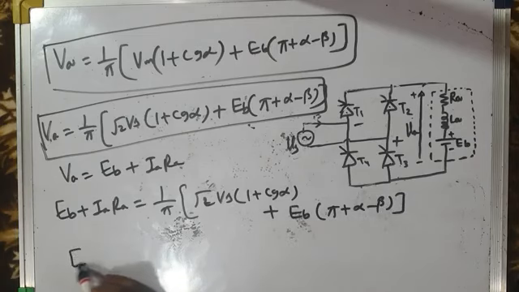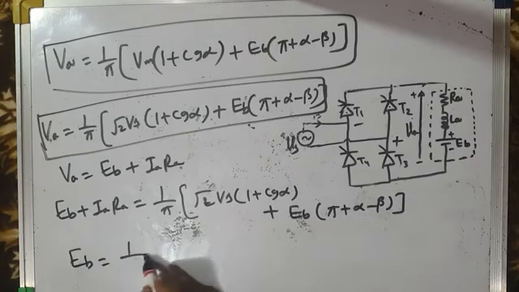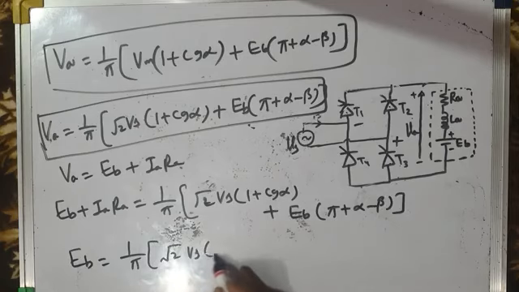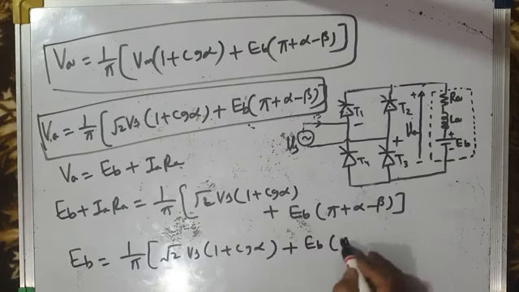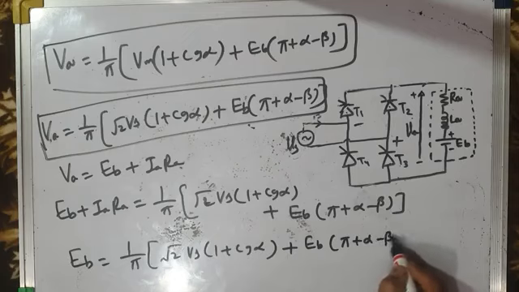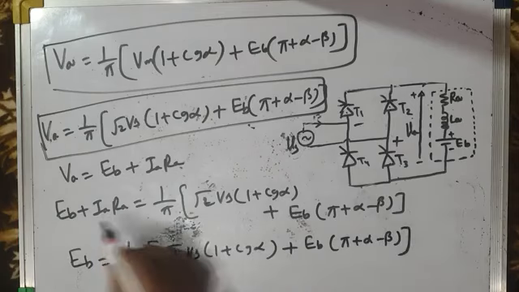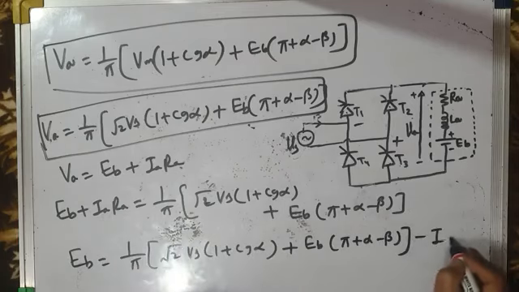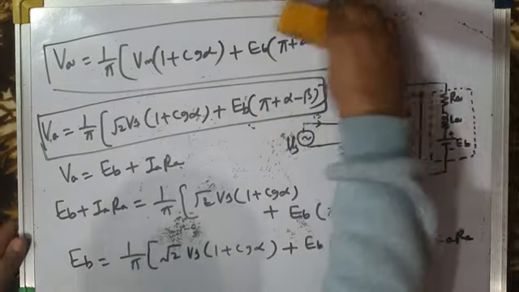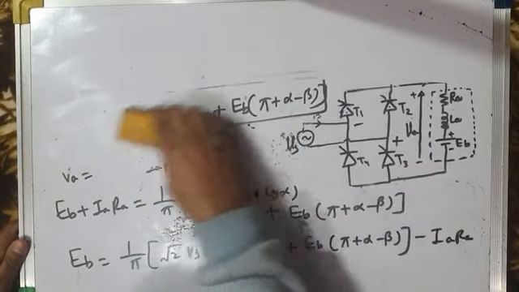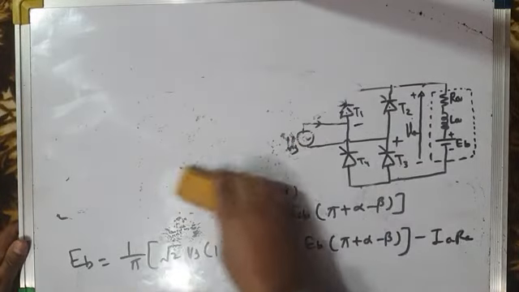So EB will be equal to that expression, and IARA will shift to the right hand side and become minus IARA. Let us further simplify this.